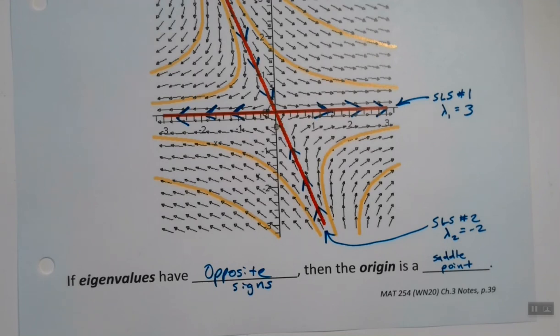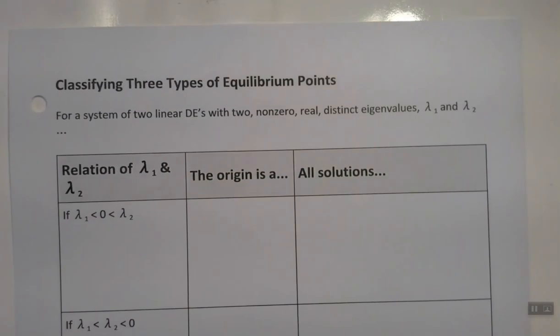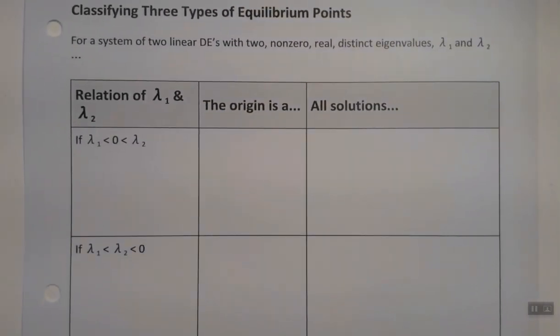So the last little bit for this section is about classifying and making sense of what's going on. The very last page here that we're going to do in this video is just a quick chart to help keep straight all the bits and pieces that we're picking up along the way.